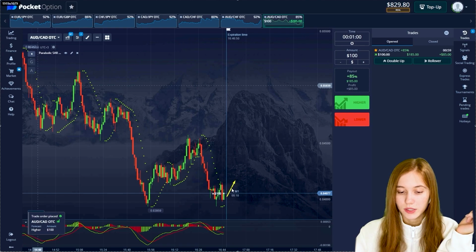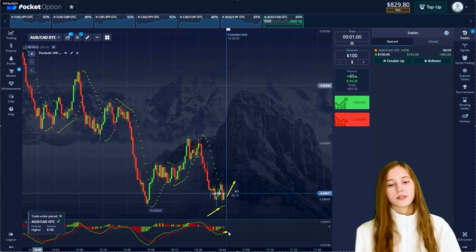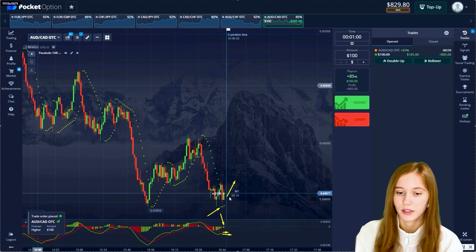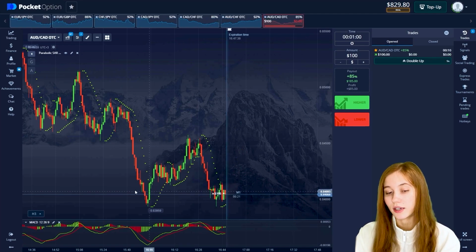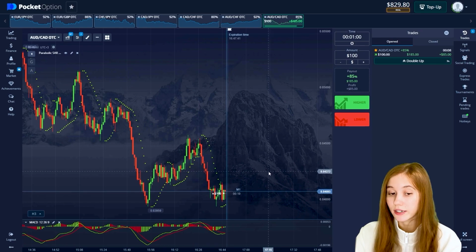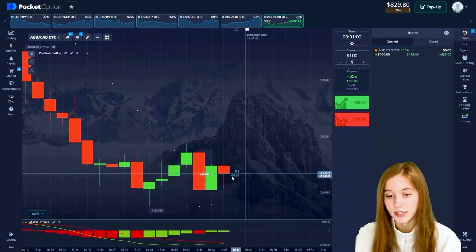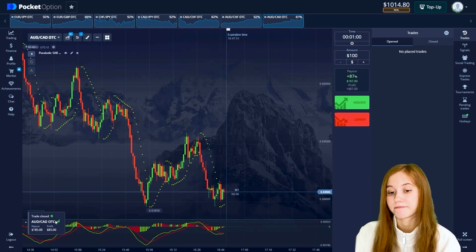By Parabolic, we see a trend changing. Two lines we see. Let's see. 8 seconds left until the end of our deal. At this point, we are near our opening point. It's quite nice. Great, this deal is in plus. Our profit is $85.